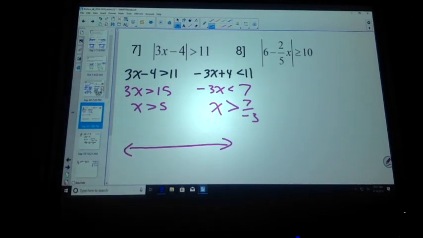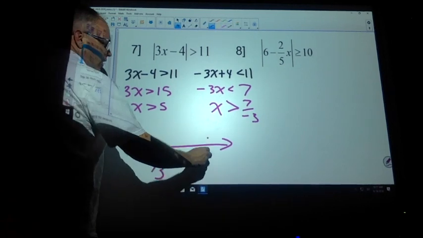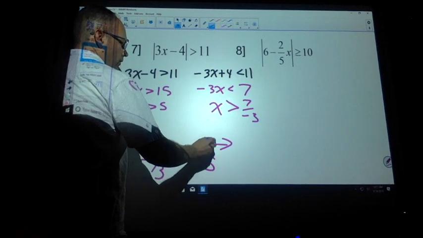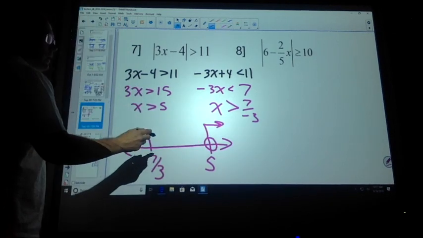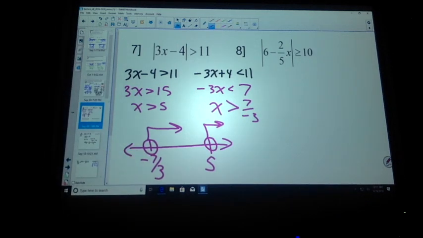What'd you get? So I get negative 7/3 here. I get 5 here. What's the problem here? I have an open dot going this way. And I have an open dot going this way. It's just negative 7/3 to positive infinity. No, it's -5. Question. A number between negative 7/3 and 5 would be 0, an easy number.